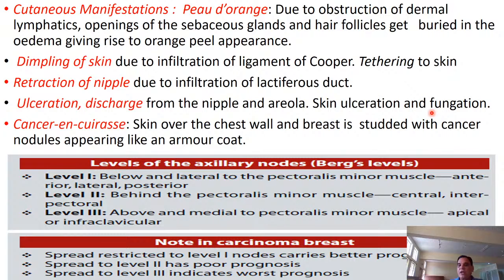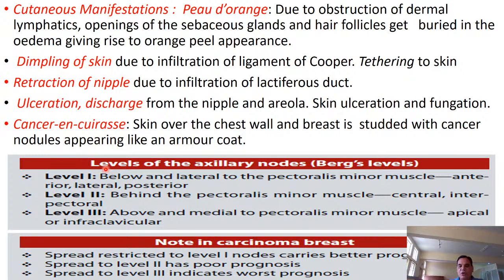They are locally advanced breast carcinoma, and the condition cancer en cuirasse, as if my patient is going to war. The whole chest is so thick. What is it? Skin over the chest wall and breast becomes studded with cancer nodules, appearing like an armor coat. That is cancer en cuirasse.